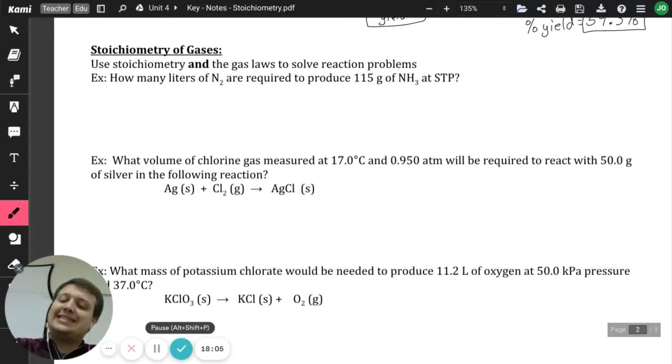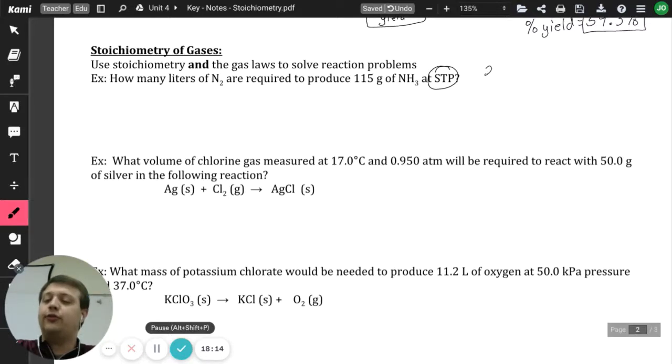One thing to recognize is that if I am at STP, remember standard temperature and pressure, then I have 22.4 liters per 1 mole of a gas.